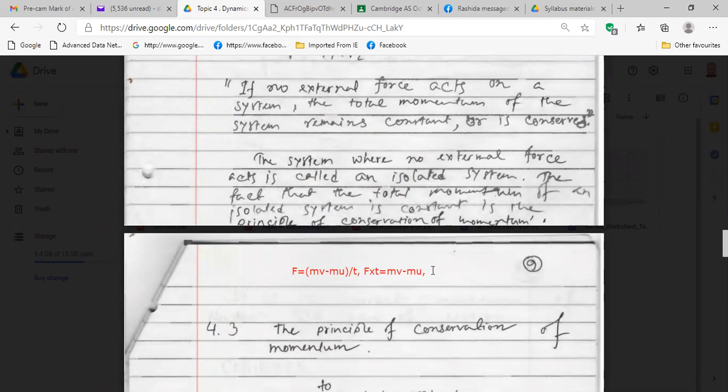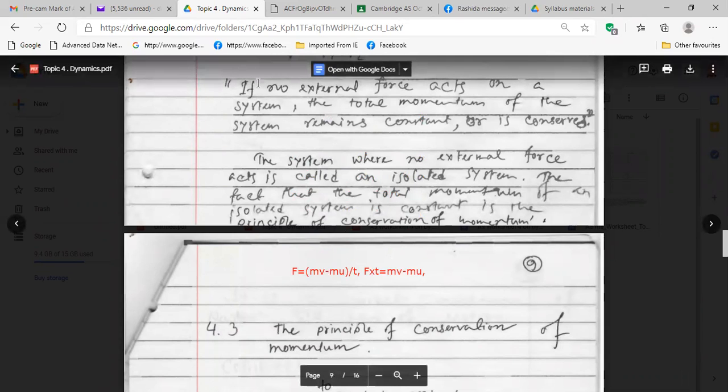We can write this way: Ft equals p1 minus p2, right?